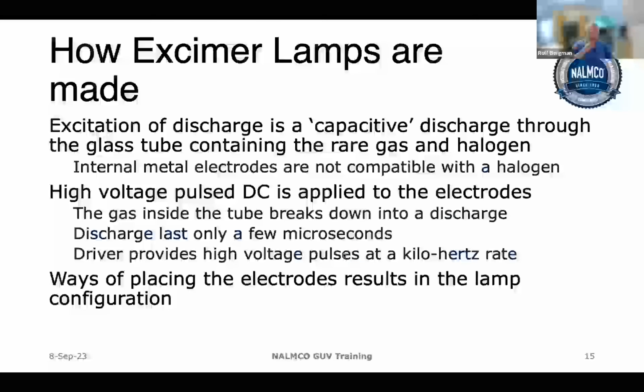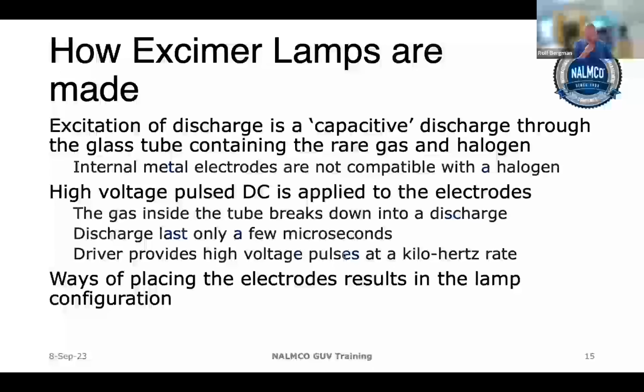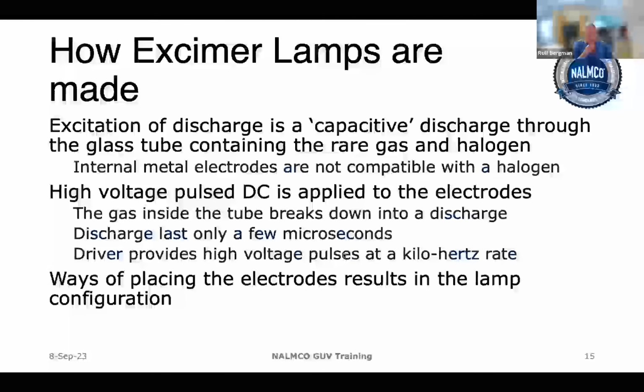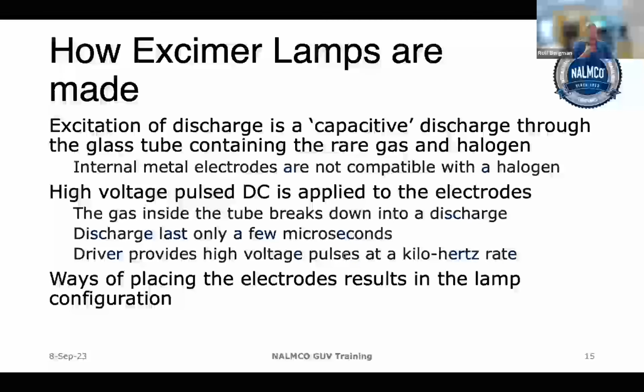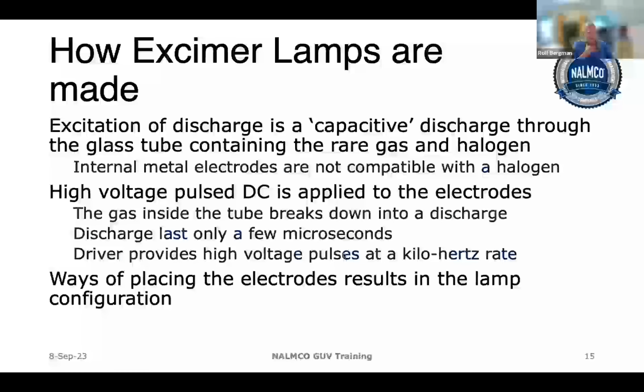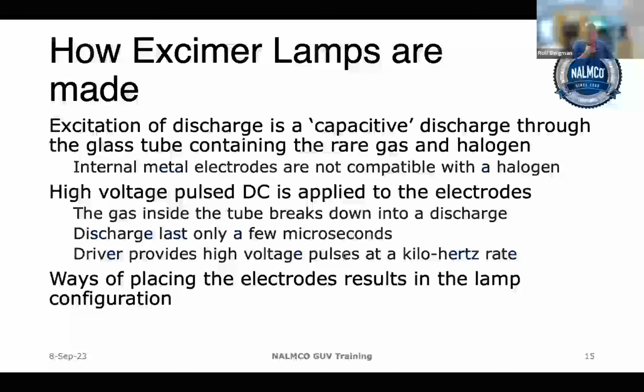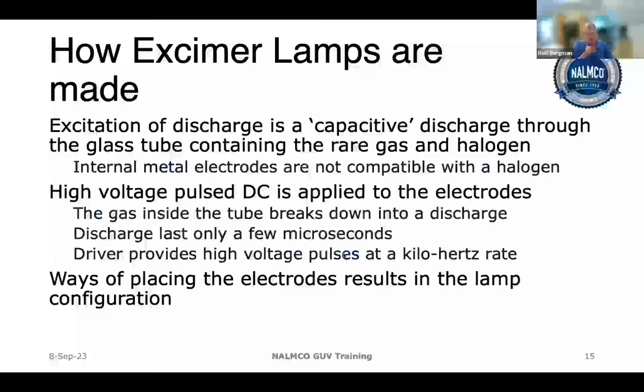This is done by pulsing a lamp through a metal on one side of the lamp and a metal on the other side, a cathode and an anode, with the gas in between. This is called a capacitive discharge. And a high voltage is needed to create a discharge.